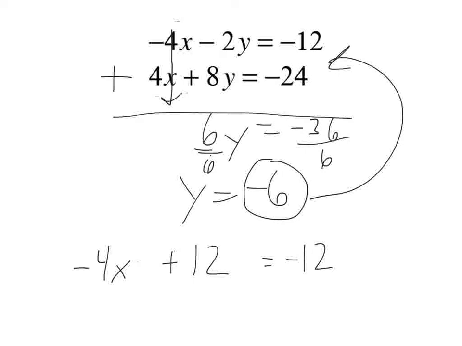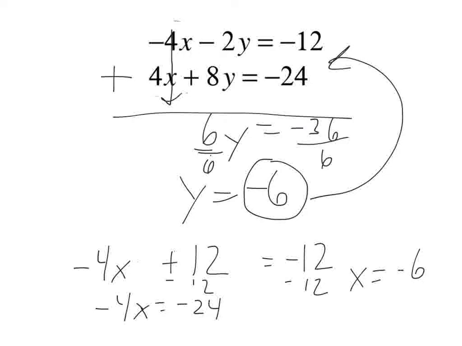And then I can do the math. So minus 12 to cancel it, minus 12. I'm going to get negative 4x equals negative 24. So x would have to equal negative 6 as well. So x equals negative 6.